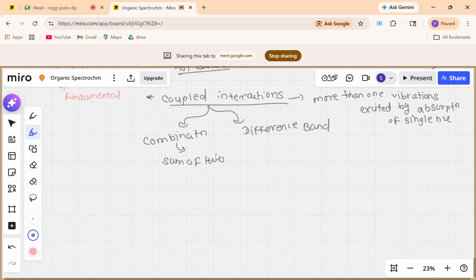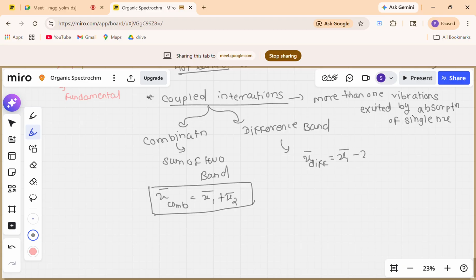So there are two types. One is called the combination band, and the other is called the difference band. The combination band is the sum of two bands that undergo vibration due to the absorption of a single photon, given by the frequency nu1 plus nu2.